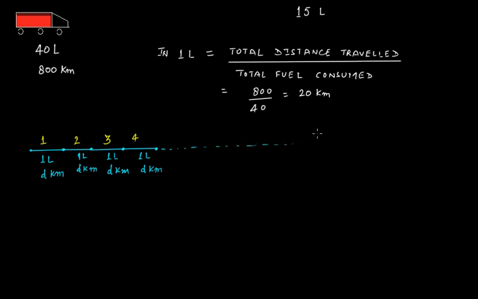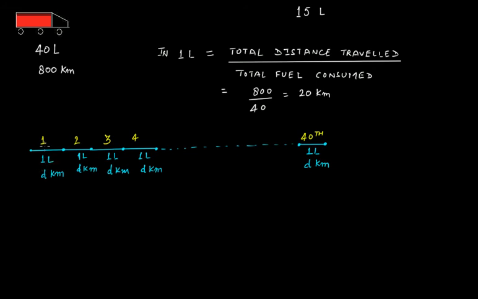Finally you will get the last 1 liter, which is again d kilometers, and this will be the 40th liter of petrol. Each single part represents d kilometers. What is d kilometers? The distance traveled in 1 liter.